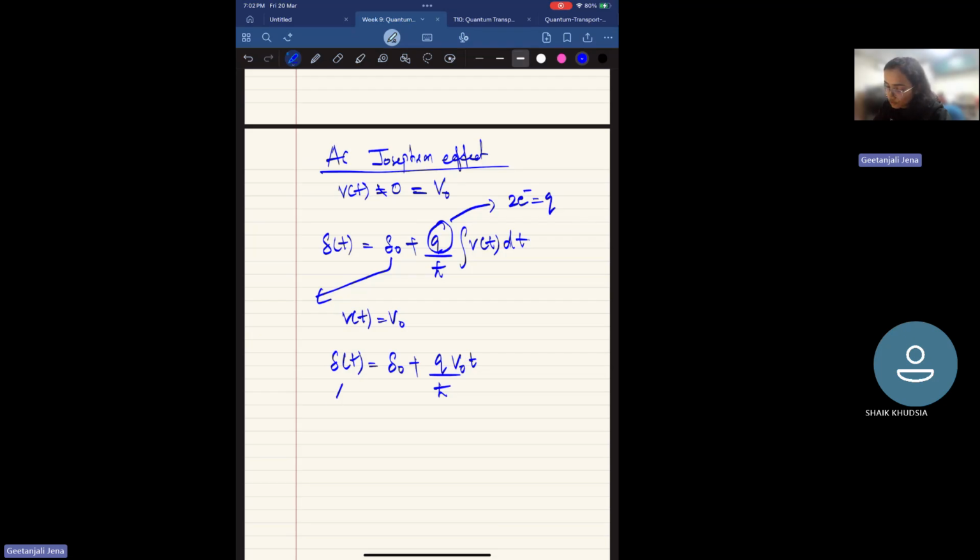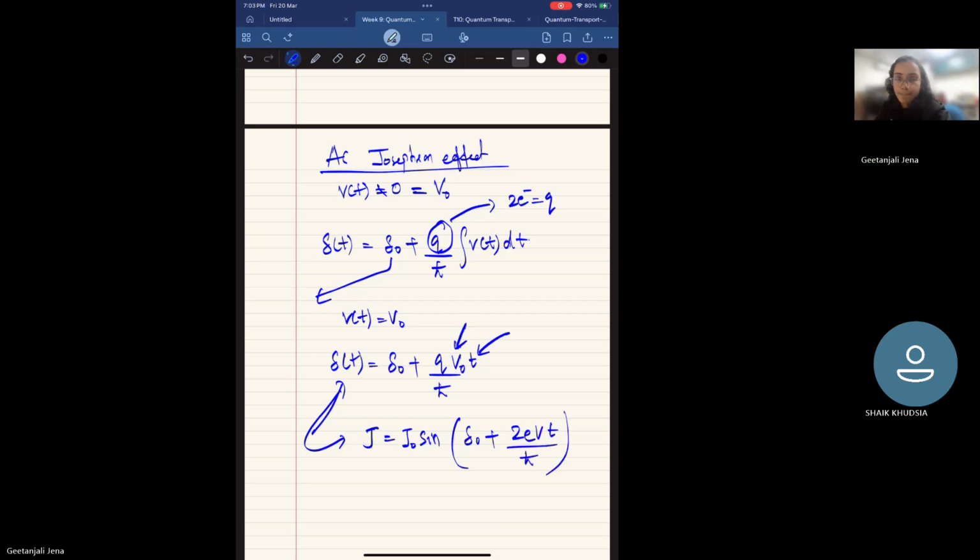That means the phase difference is proportional to the applied voltage, and it also varies linearly with time. From this phase, we can calculate the current density, which is given by J0 sine of delta 0 plus 2e V t by h-bar.